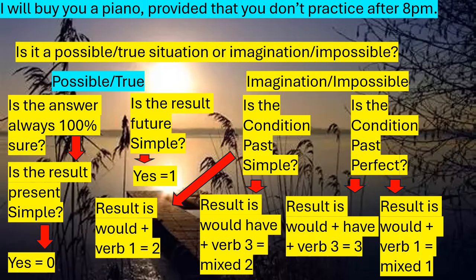Yes, it is. So, provided that you don't practice after 8 p.m., you do not practice, that is present simple. And I will buy you, a future simple for the result. I will buy you a piano. So we're into the one on the right of the possible true options, and it is a first conditional.